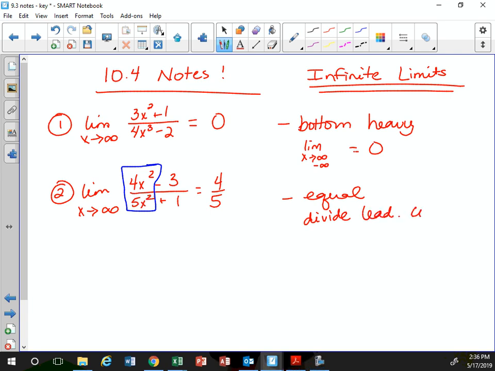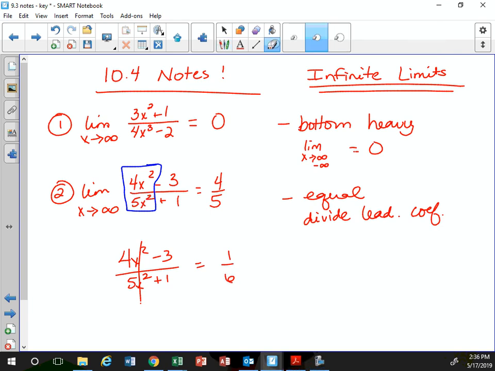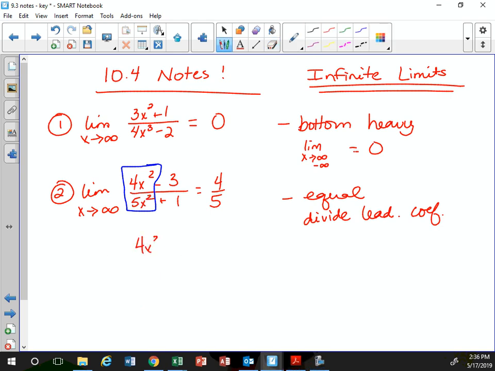Why is it not 4 minus 3 over 5 plus 4? You can't cancel the x squareds out of the entire expression, because there's a minus sign in there. We are only looking at this part of it.